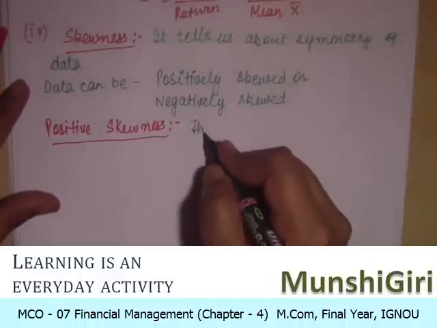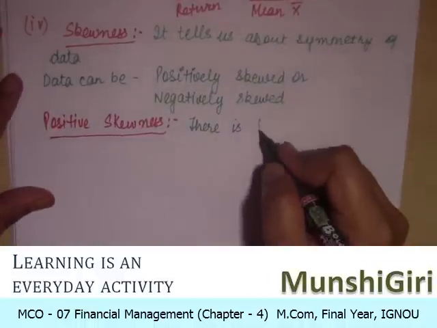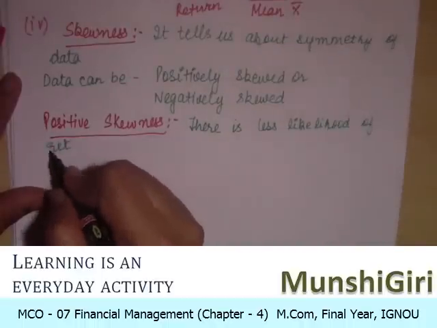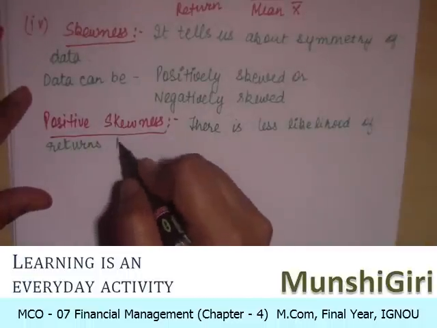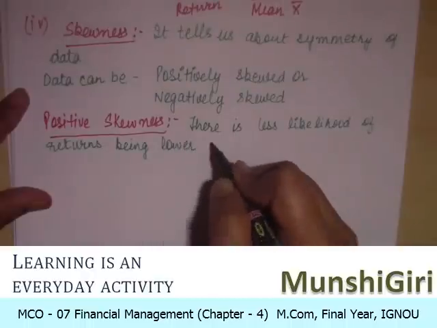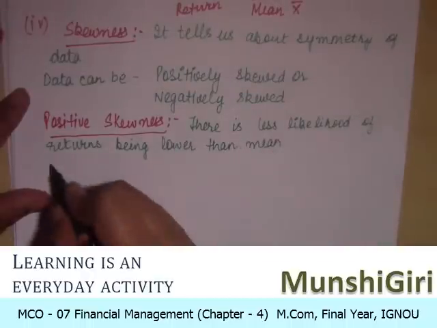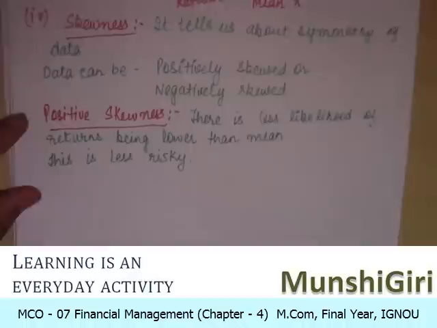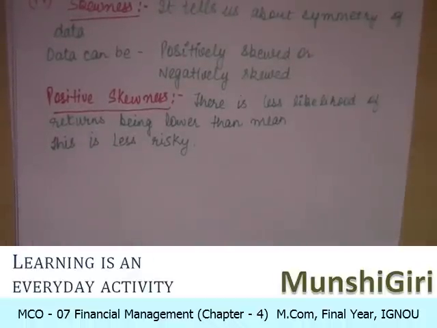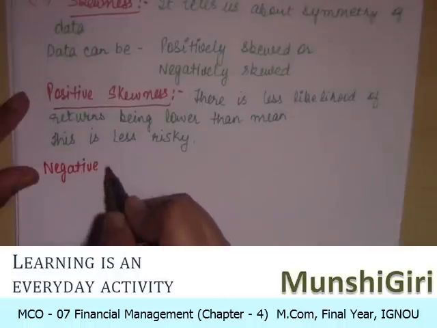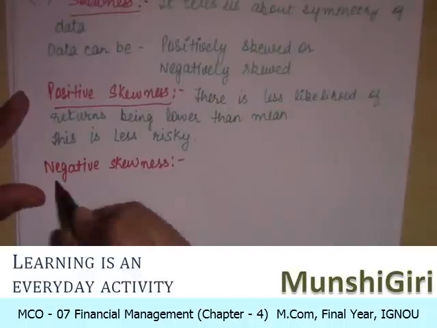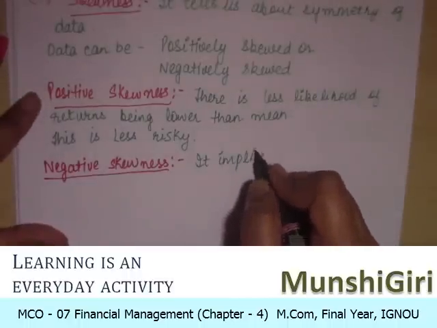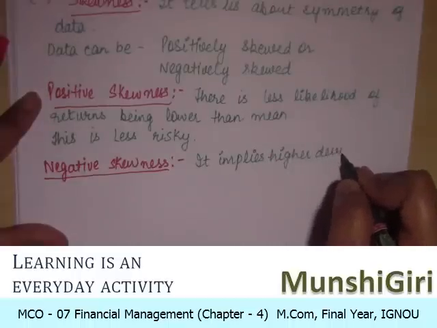This is less risky. Now, negative skewness implies higher deviations from the mean.